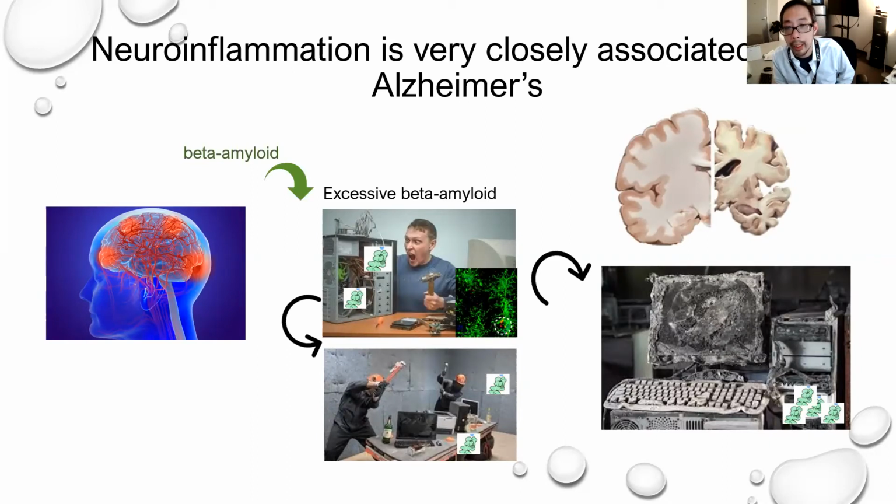So basically, the communication network between neurons starts to break down, and then that's when memory deficits are thought to start to manifest.